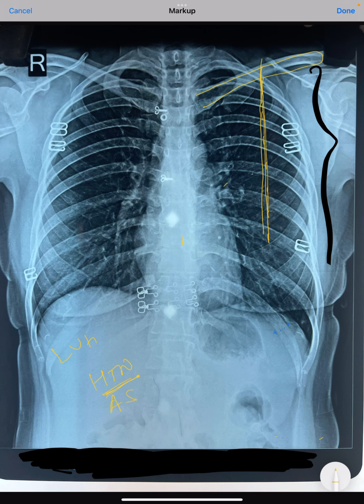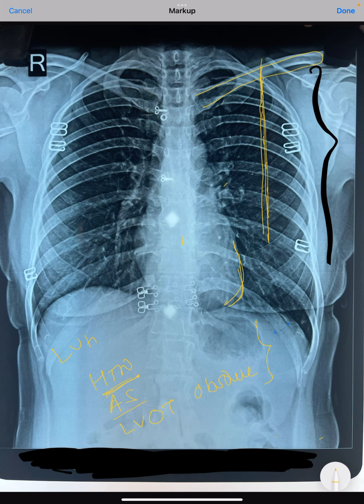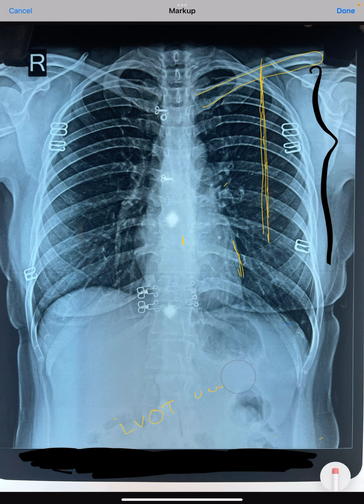Same with aortic stenosis or left ventricular outflow tract obstruction. Here there is no volume overload, there is a pressure overload against which the heart has to pump. The patient will have LVH, that is left ventricular hypertrophy, but the apex will simply stay here. So the patient will have concentric LVH.